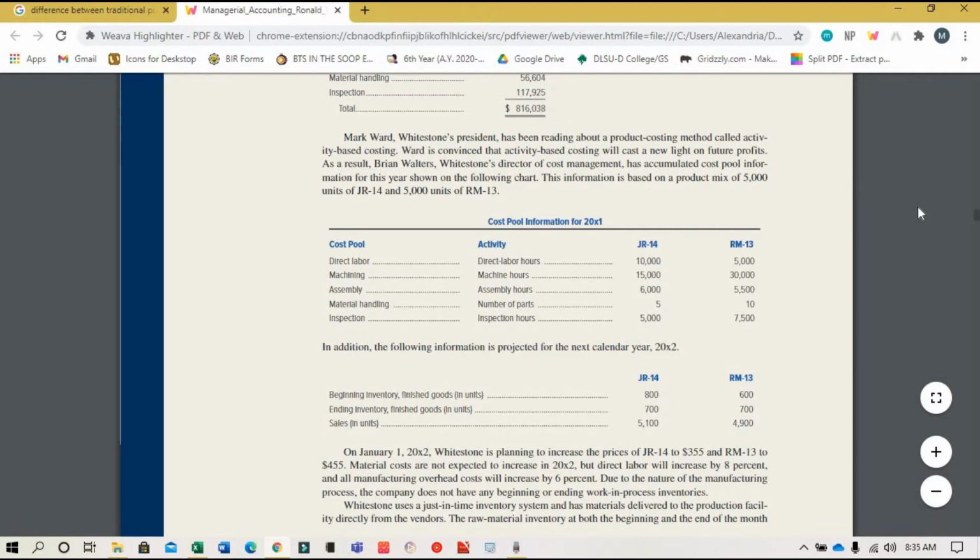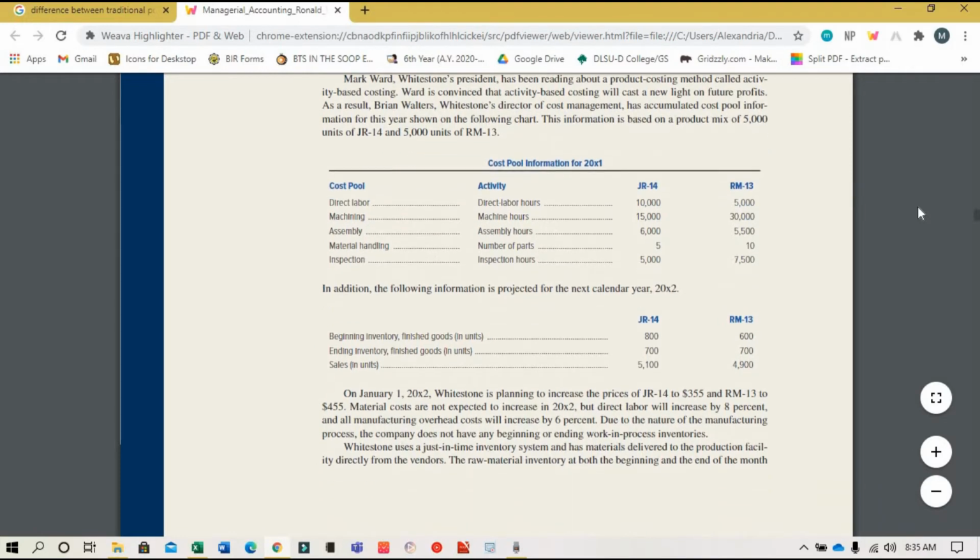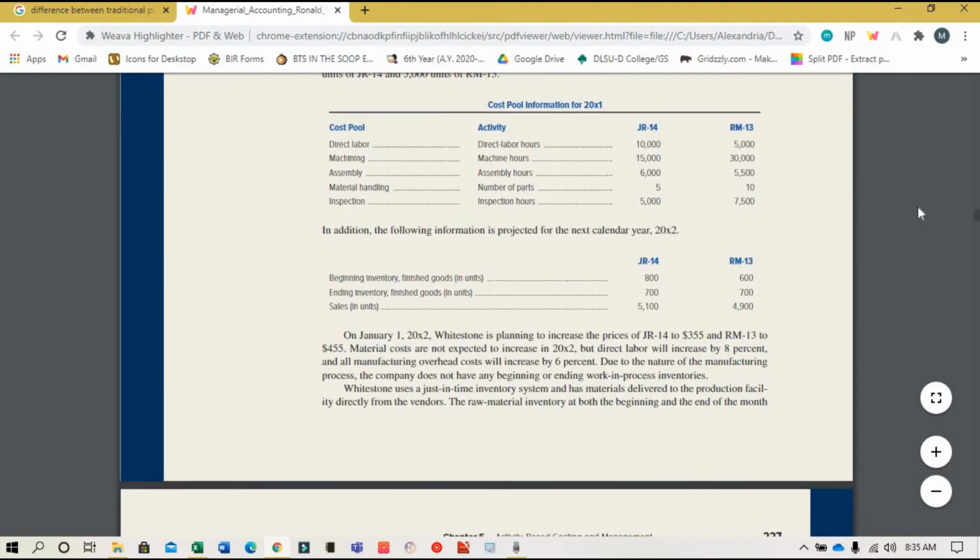And sales in units for JR14 is 5,100 and 4,900 for RM13. On January 1, 20X2, Whitestone is planning to increase the prices of JR14 to $355 and RM13 to $455.